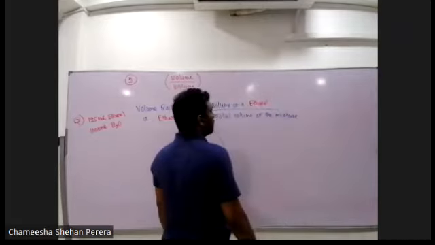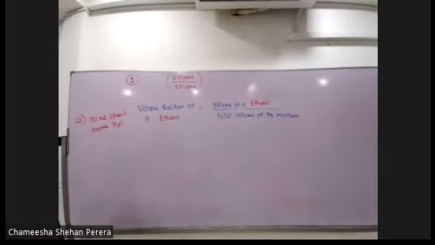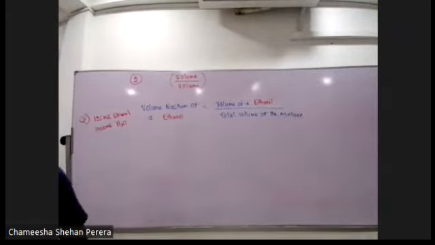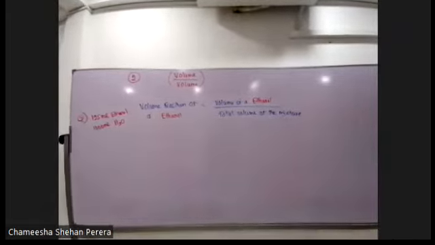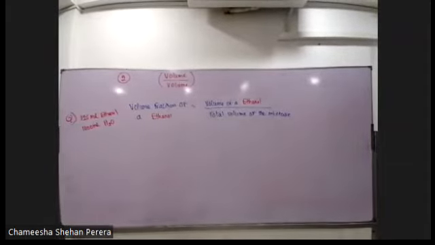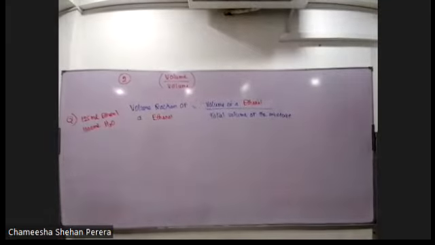You should write it down: find the volume fraction of ethanol and water. So do the calculations very quickly. I'll give you like 1 minute to do both.